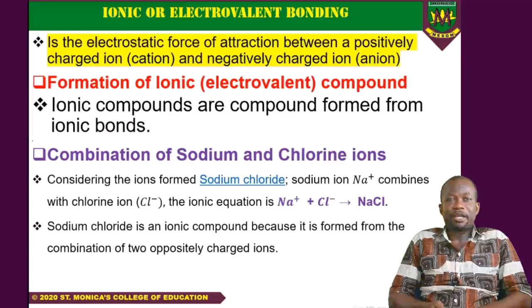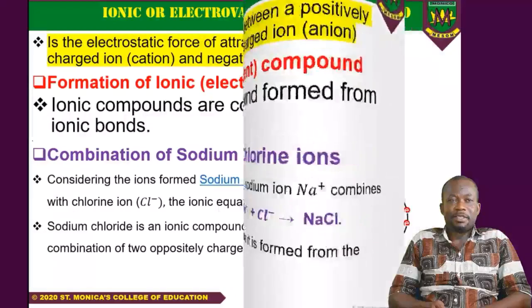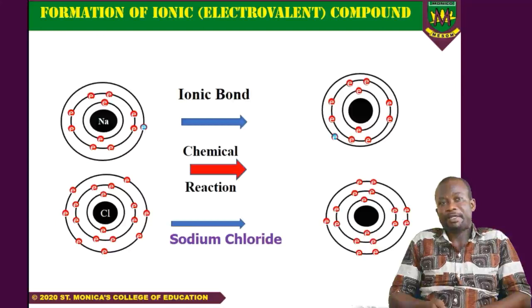So if you look at the diagram that you see there, this is sodium, atomic number 11. Normally when we are drawing the diagram, it is the electronic configuration that we use to draw. First, you need to draw your nucleus, and you can write the sodium in it, or you can put the proton and the neutron in it to form the nucleus.